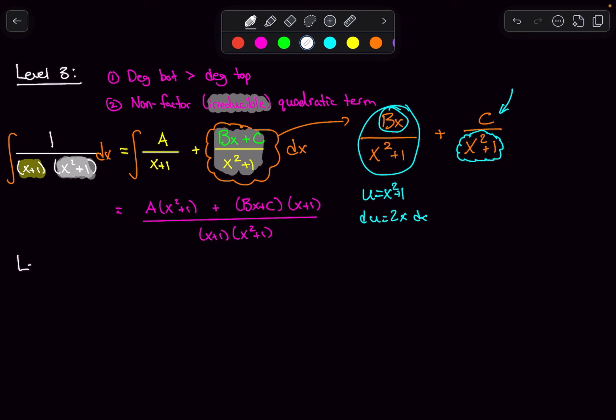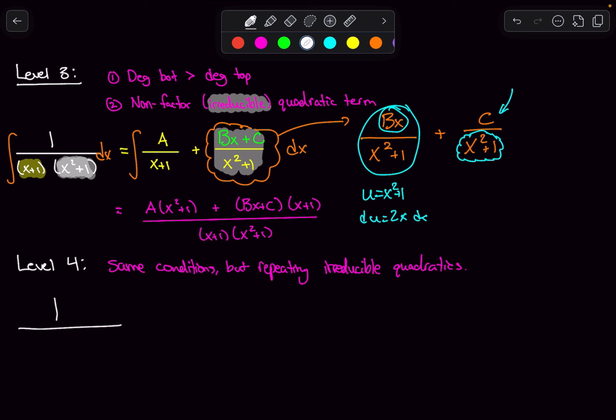So level 4 is, I'm going to say, just the same conditions, but repeating terms. So repeating irreducible quadratics. And those work in the same way that you would expect them to after having seen level 2.